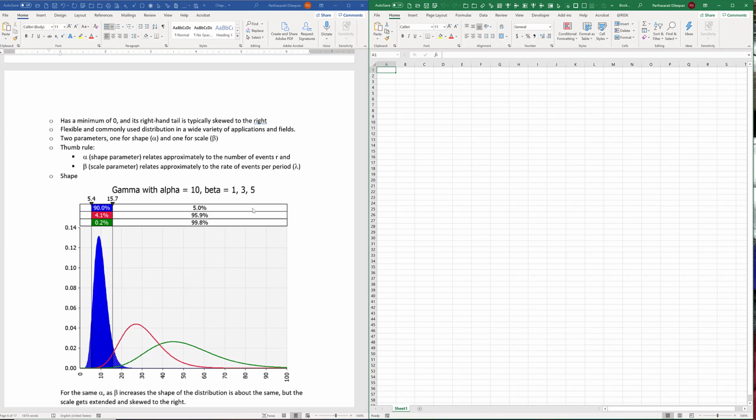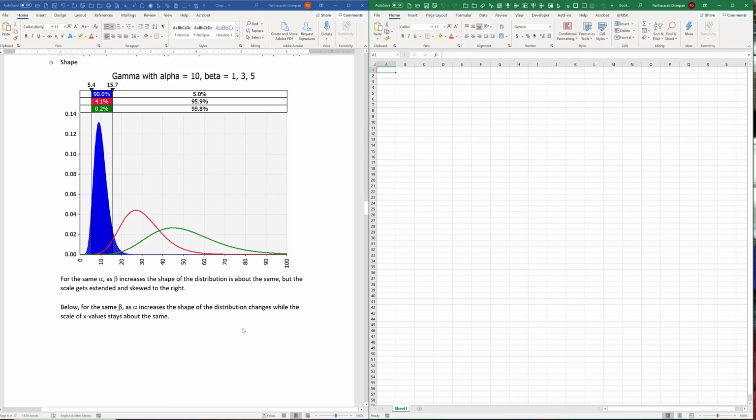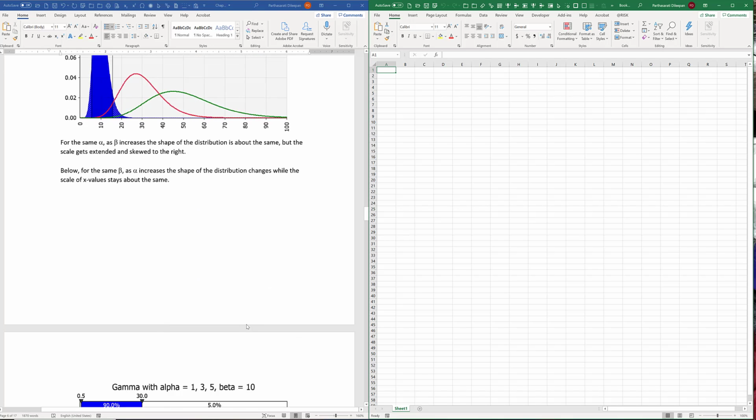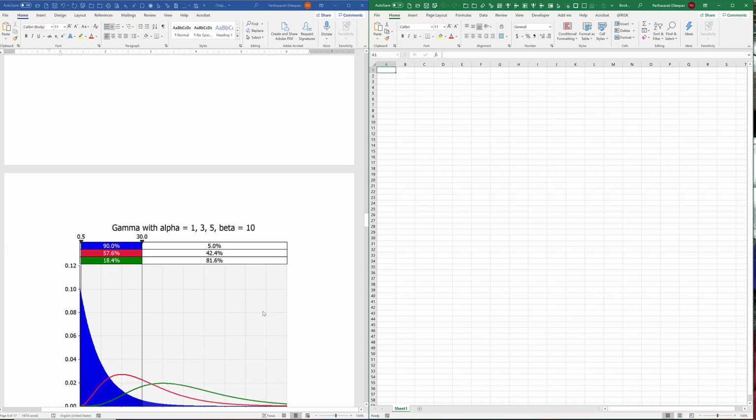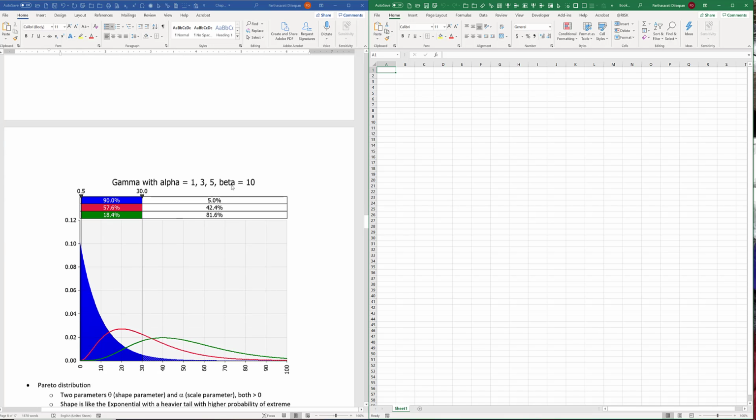If your process is going to give values in this fashion, then you will use the gamma distribution. So here is another one, with beta being the same, alpha 1, 3, 5, where the shape changes. With the scale being the same, you change alpha, and the shape changes.